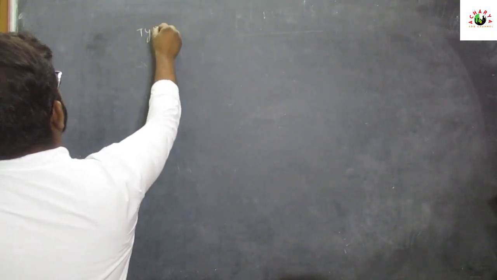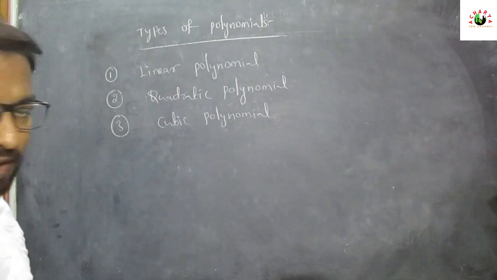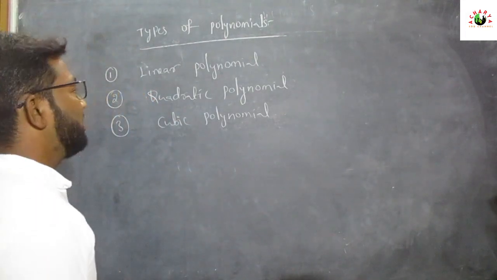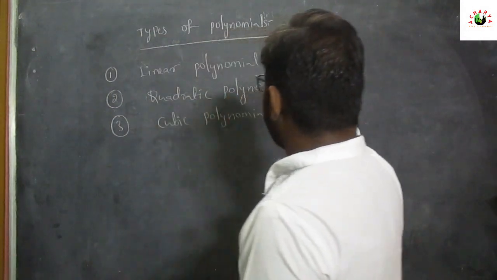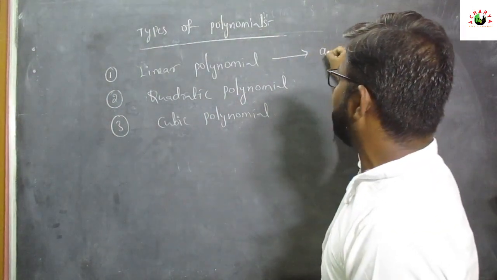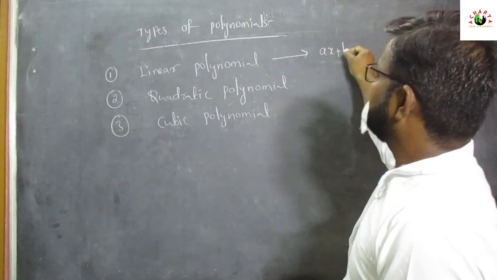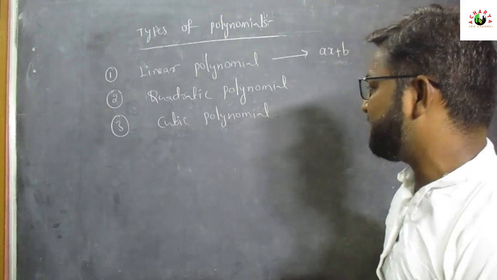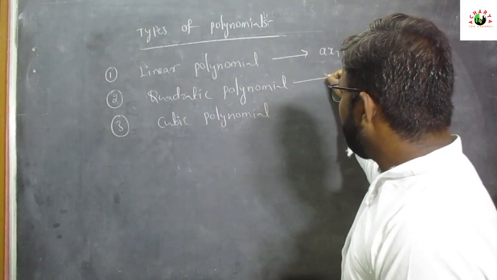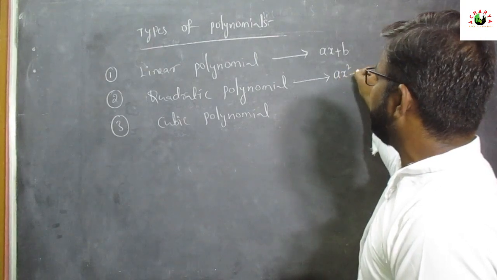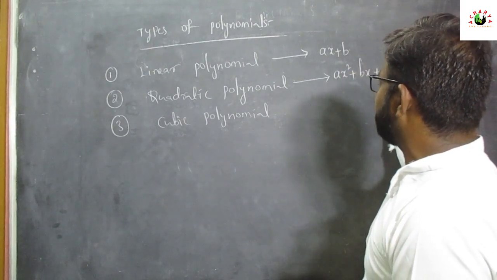Next, types of polynomials: linear polynomial, quadratic polynomial, and cubic polynomial. The general form of a linear polynomial is ax plus b. The general form of a quadratic polynomial is ax square plus bx plus c.